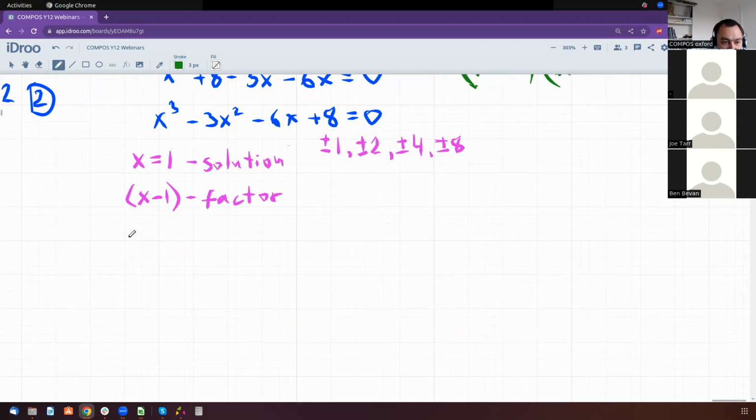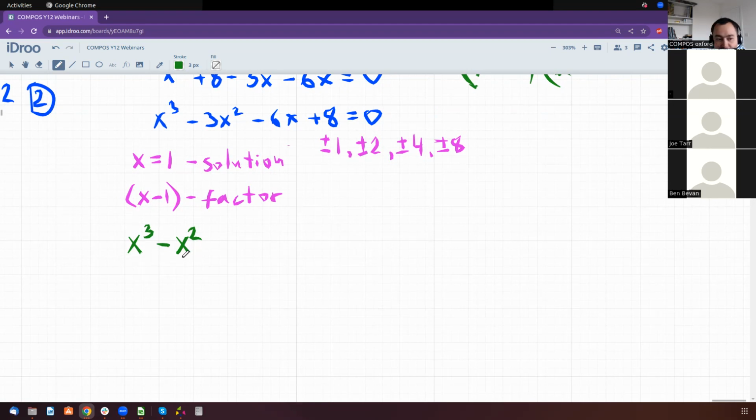Right, so I will factor out x minus 1. I'm going to do it the following way. So x cubed. Now, what do I need to factor out x minus 1? It's going to be minus x squared, because x cubed minus x squared has a factor x minus 1.